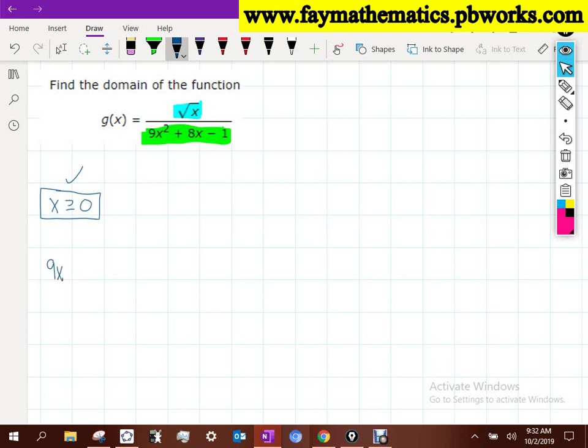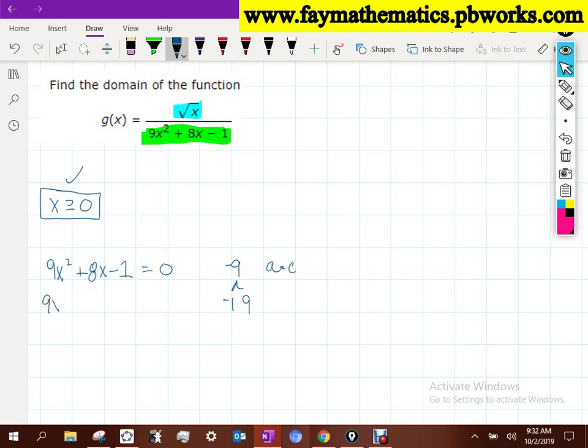And this is where I was getting at. We have to be able to factor this. How do I factor that? 9 times negative 1 gives me negative 9. And that's going to give me negative 1 and positive 9, right? So we're using the A times C method.